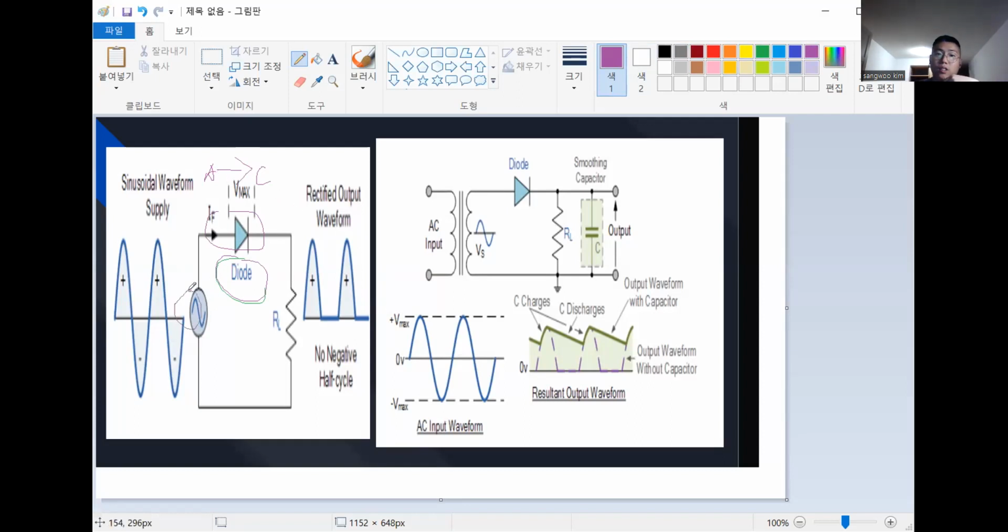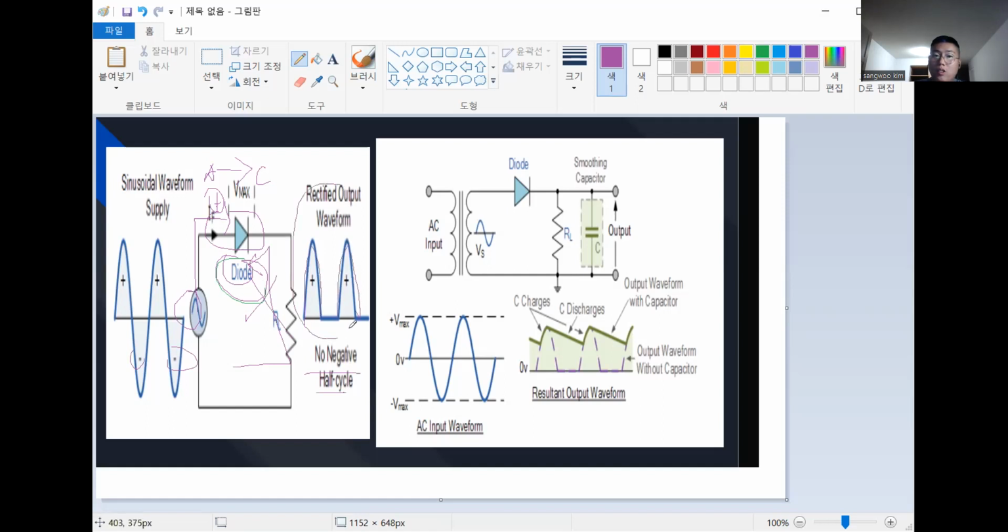Since this is AC, it's a wave, plus and minus, right? Only the plus part comes past this diode. The negative part cannot go this way. That's why we see only half of a wave, right?